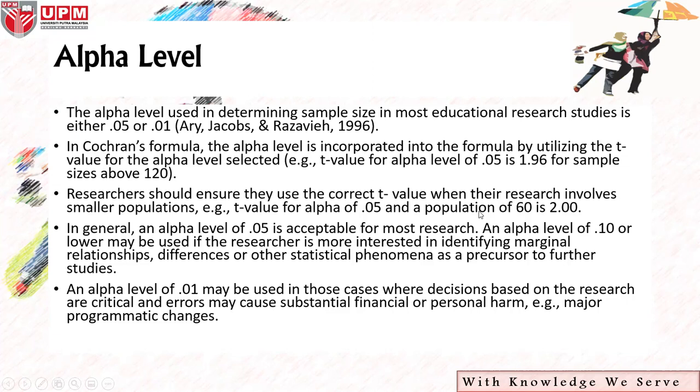Okay, and then researchers should ensure the use of correct t value when their research involves smaller population. For example, if you use the t value alpha 0.05 and a population of 60 is 2, dia akan berkaitlah dengan bilangan sampel ni. Okay, so in general, alpha level of 0.05 is acceptable. Boleh pakai 0.05. Okay. Then kalau in certain case, then you can apply 0.01. Okay, mana-mana pun boleh ni. Biasanya 0.05 lah.